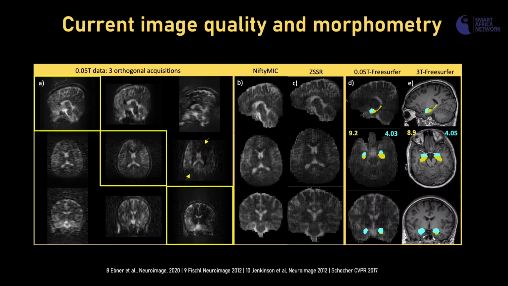And subsequently, we have now incorporated and adapted zero shot super resolution reconstruction, meaning it has not been trained on any other data set, but the data set that we want to super resolve itself, hence zero shot, for a factor of 2. And finally, we use that data to segment hippocampus shown in yellow and the amygdala shown in cyan. When we compare this in the same volunteer at 3T, you can actually see that the volumes in CC are similar.